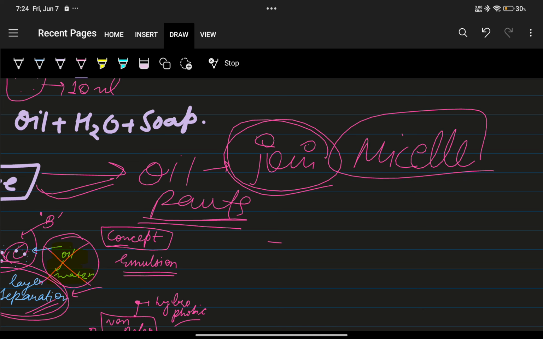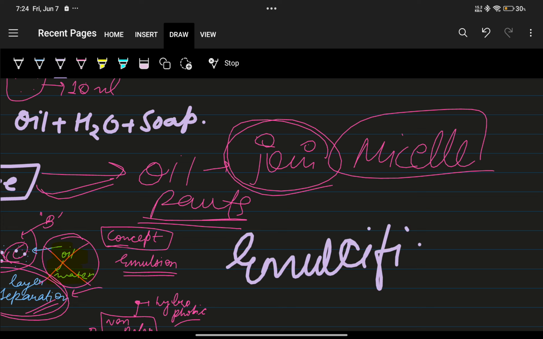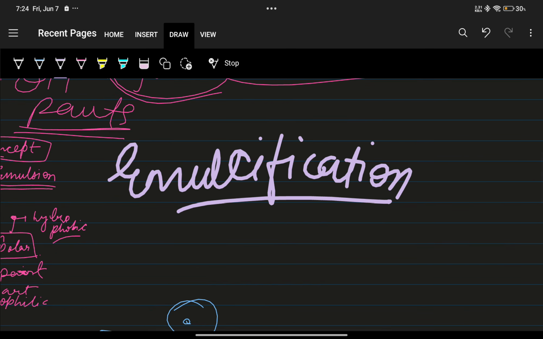Now I hope you understand what we mean by emulsification. And now I hope you also understood what actually happens when you are not able to see the layer in both the test tubes.